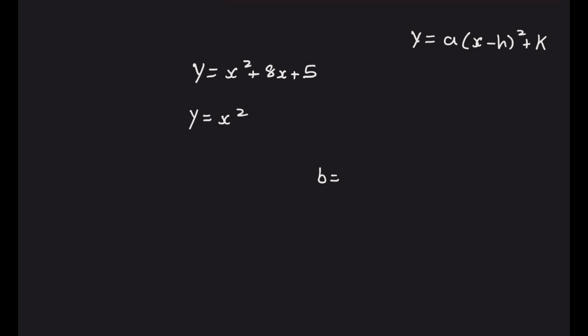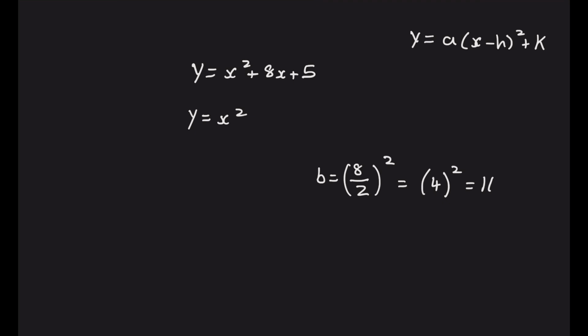You're going to take the number 8 and divide it by 2 and then square it. Don't worry, you're going to do this every single time, so it's just something that you memorize. But when you do this, it's just 4 squared becomes 16. And that I like to call our magic number.